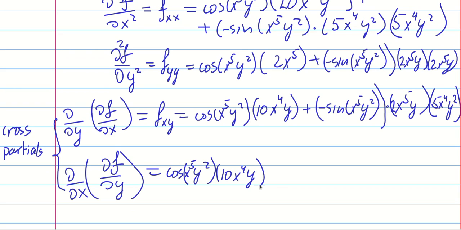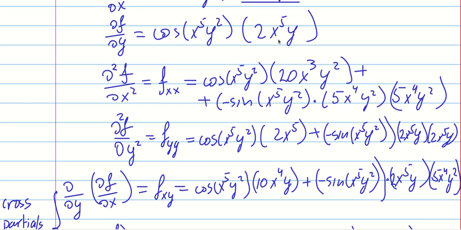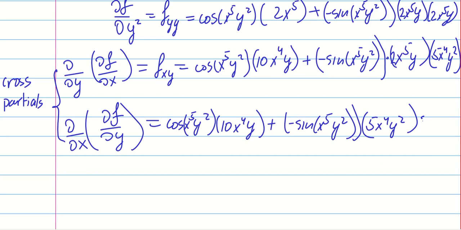All right. Then we put a plus and the derivative of this function. So it's negative sine of x to the 5 y squared times the derivative of this function with respect to x now. So it's going to give us 5x to the 4 y squared, and we still have 2x to the 5 y.